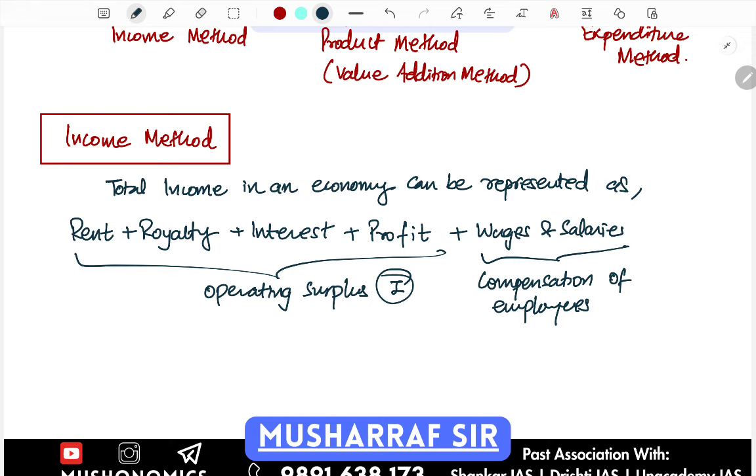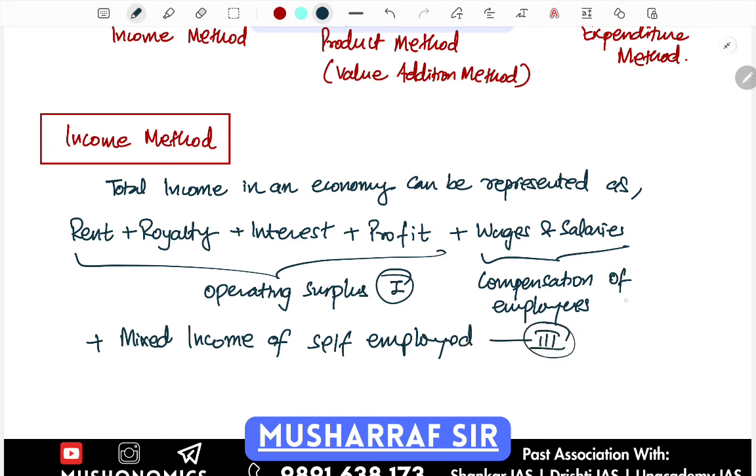And the third thing that we can have here is mixed income of self-employed. Let's give it number 3. So compensation of employees will be number 2 and mixed income of self-employed people will be number 3.